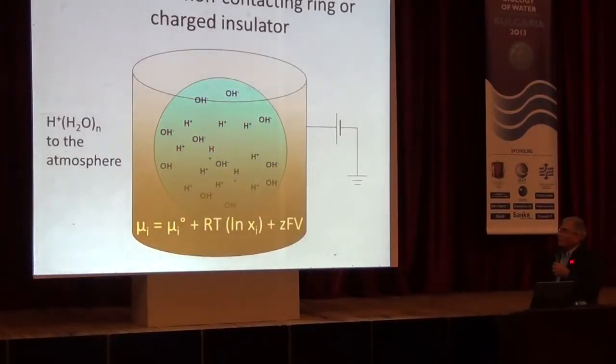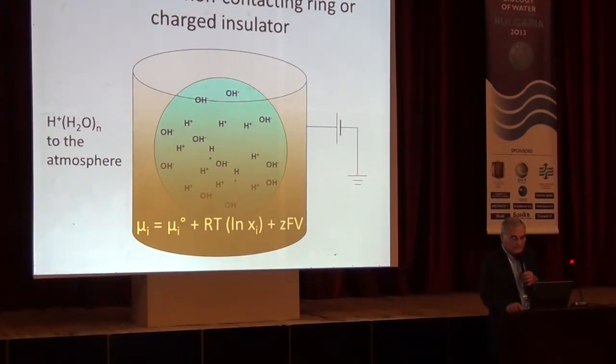But when the water passes through without contacting the metal, then we don't have possibility for direct electron transfer, but we have possibility for exchange of ions to the atmosphere with the water following the electrochemical potential equation.